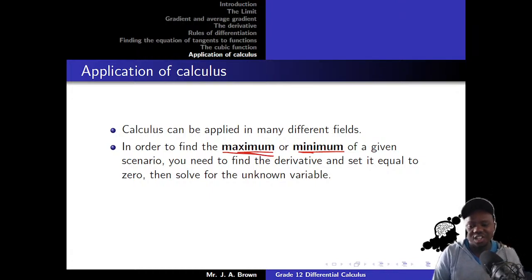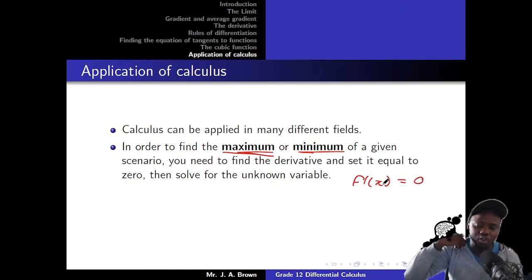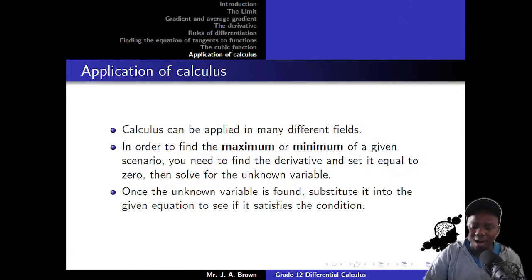If a question states maximum or minimum, you must find your first derivative and set it equals to 0. This is similar to finding the stationary points of your cubic function. Solve for the unknown variable. Then in certain cases, you need to substitute the unknown variable back into the equation to get the corresponding y value.